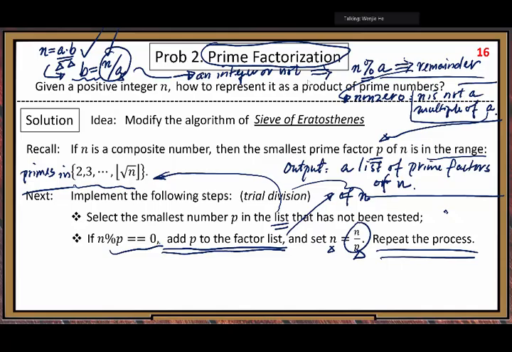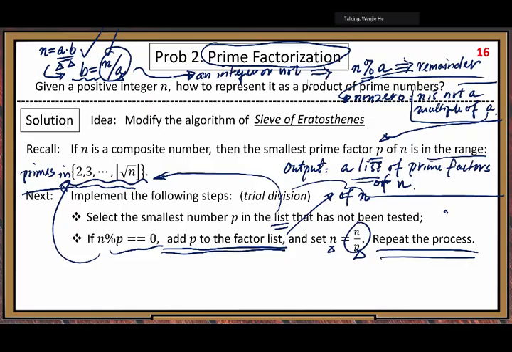We go to the next p in the list, in the range. So here I want to separate: this is the range, the output is the list. We don't want to confuse them. So we go to the range to pick the next p value. Then keep doing this same process.